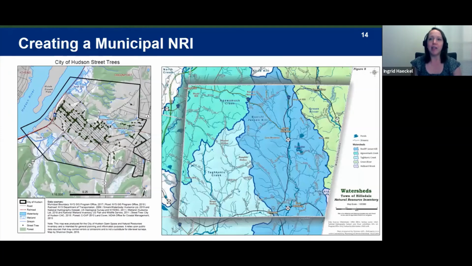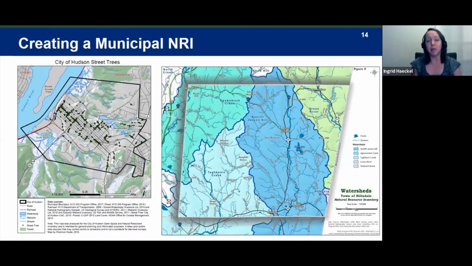The County NRI is really valuable because it makes so much information available to all of the municipalities in Columbia County, along with having this spectacular online map viewing system that you'll learn about more on Wednesday, hopefully. But some communities may be inspired to create their own NRI beyond the overview that's typically included in the comp plan.